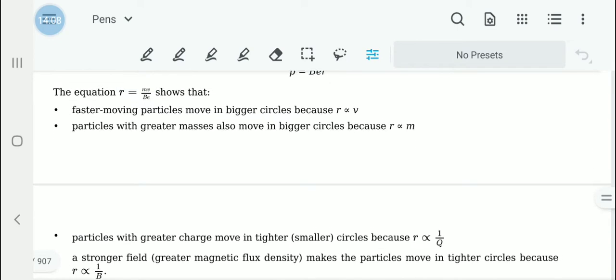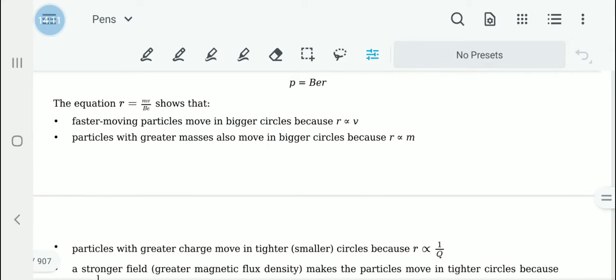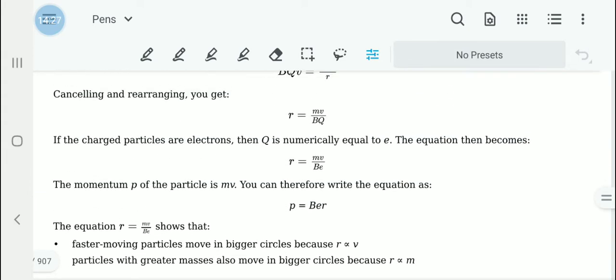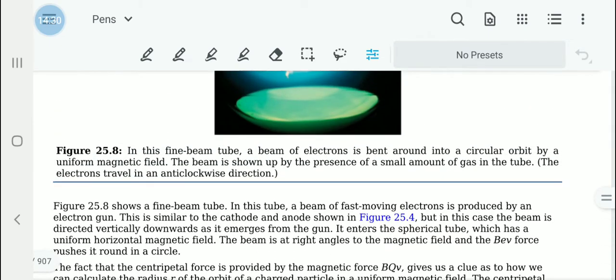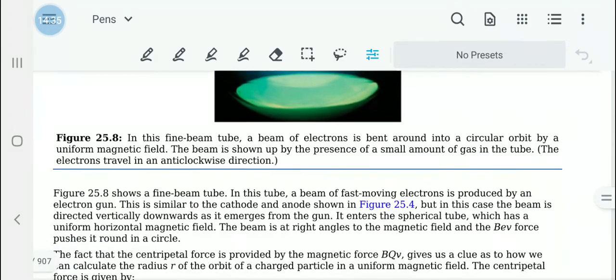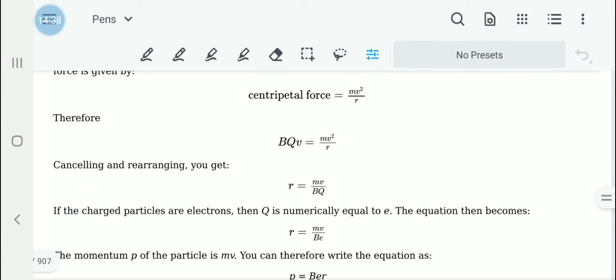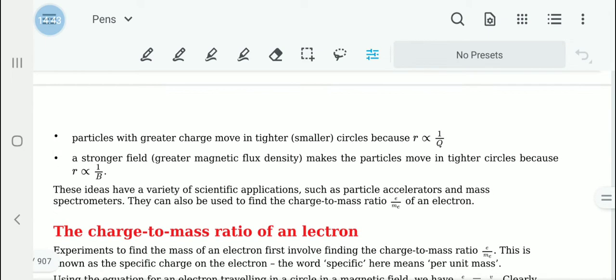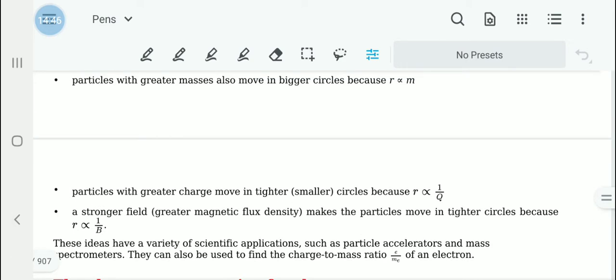However, B and E, the charge and the magnetic field strength, are in the denominator, so they have an inverse relationship.